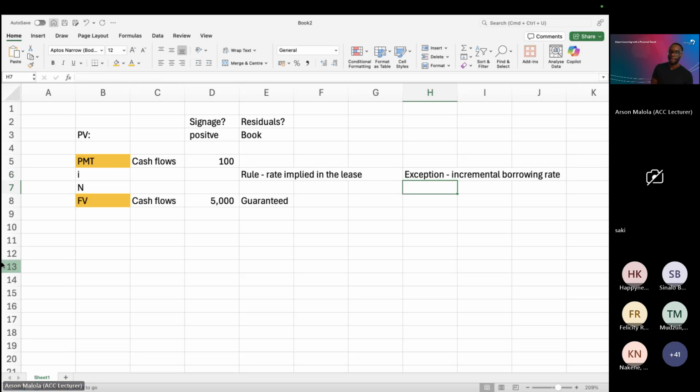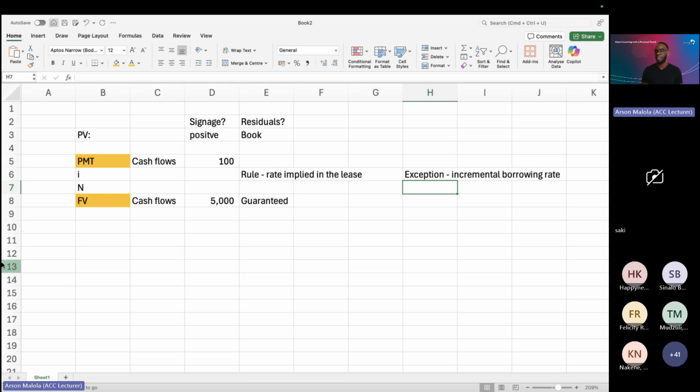Now, that is an easy one for examiners to assess, and one that they like to take advantage of candidate laziness. Why? Because it's very easy for me as an examiner to just give you the incremental borrowing rate, and give you enough information to calculate the rate implied in the lease. What do we always see?